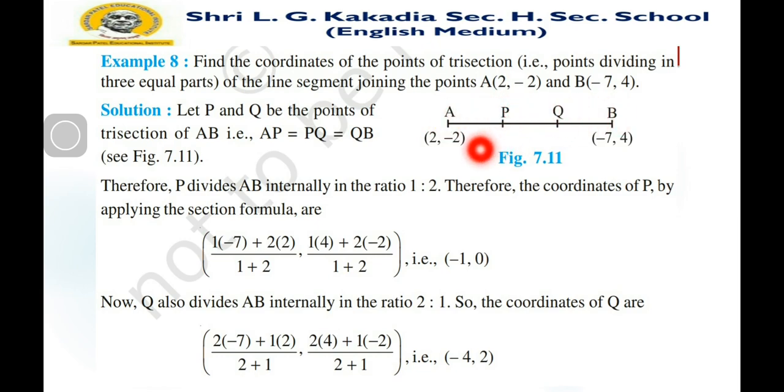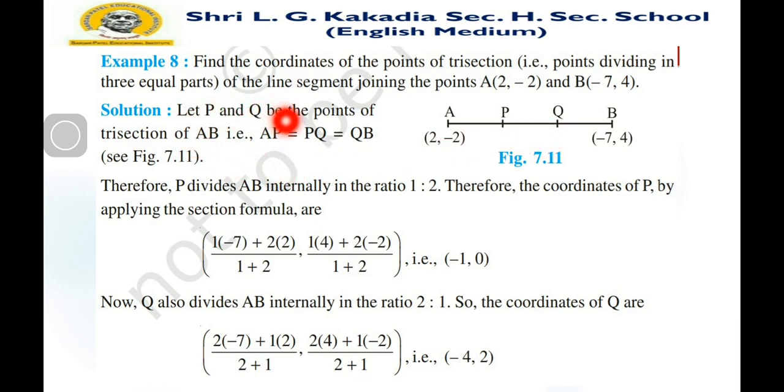So P divides AB in 1 is to 2 ratio. As well, if you want to find the coordinates of Q, then it divides AB in 2 is to 1 ratio. It's 2 parts and 1 part. So by that way we can easily find the coordinates of both the points.